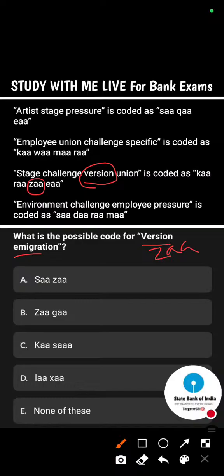And immigration, there is no immigration in our statements. So ZAA, SAA we see in our statements. So this one must be false. ZAA, GAA, we don't see GAA in our codes. So the answer must be this one. Option B is the right answer.